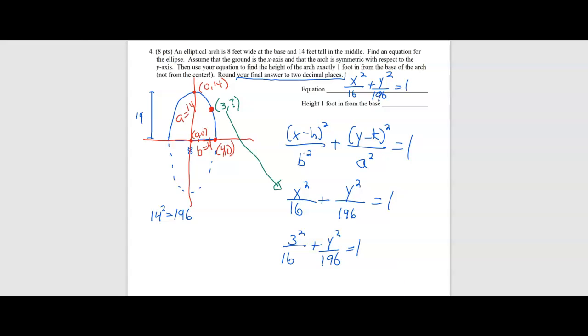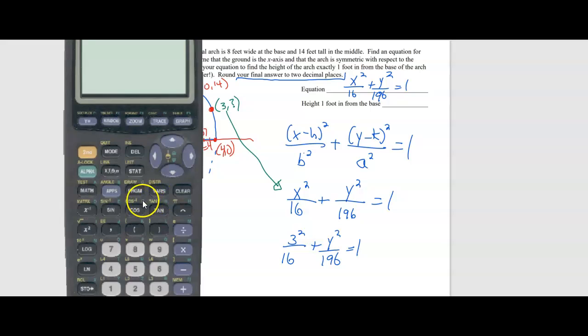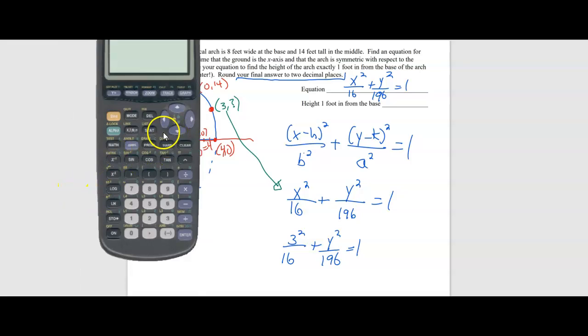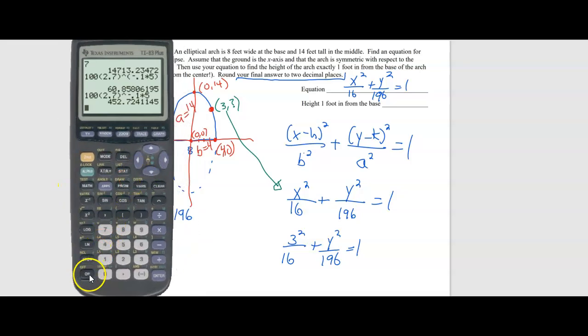And now if we pull up a calculator, we're going to do 1 minus this term, which is 9/16. So we now have y squared over 196 equals 0.4375.